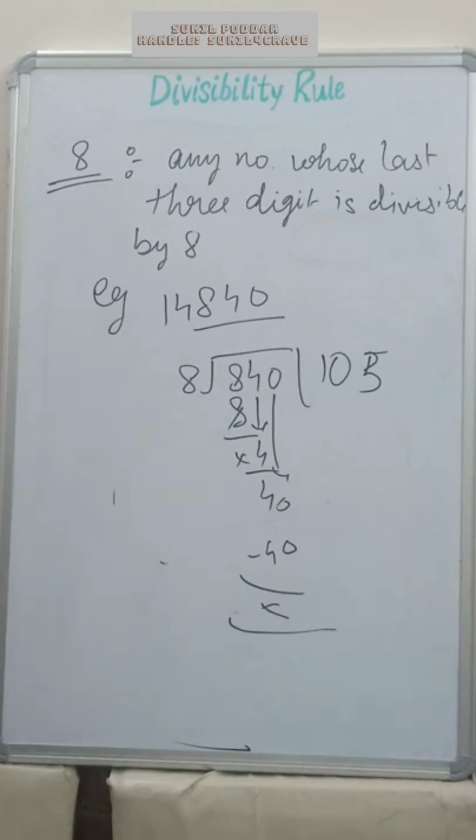So in 8 also, any number whose last digits are divisible by itself, but here 3 digits will be considered.